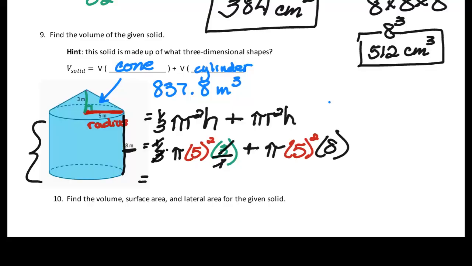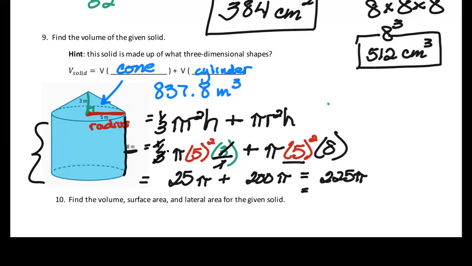And I'm doing this kind of mentally because sometimes I feel more secure about that than the calculators. And this would be 5 squared is 25 times 8 is 200 pi. If I put those together, I should get 200 pi plus 25 pi is 225 times pi. And now I feel better about just multiplying those two numbers.